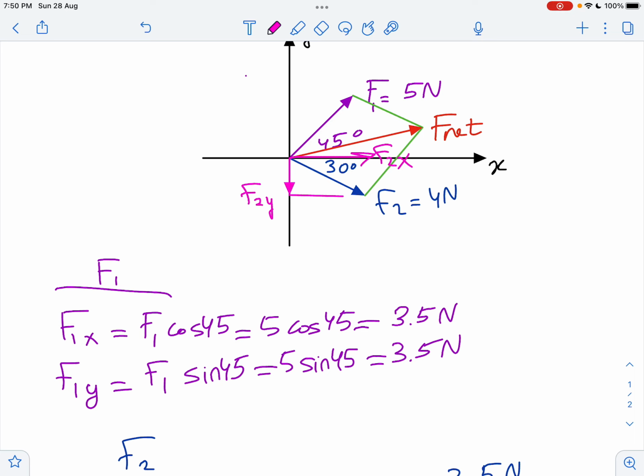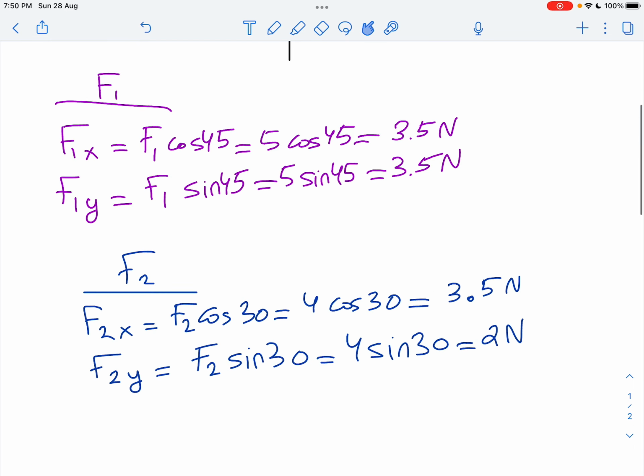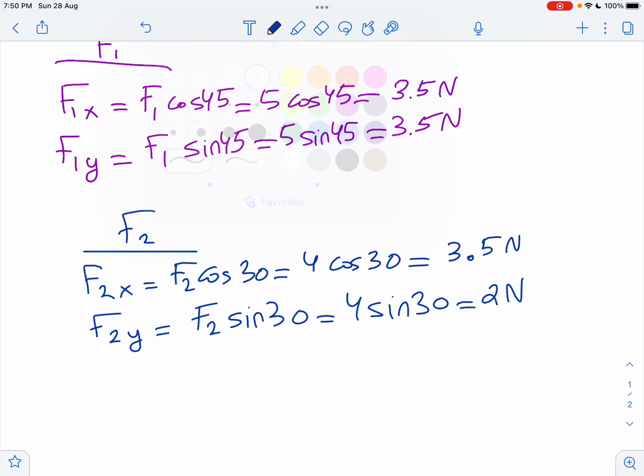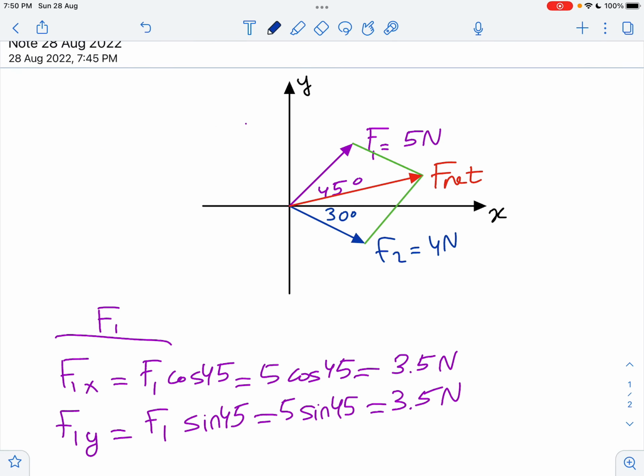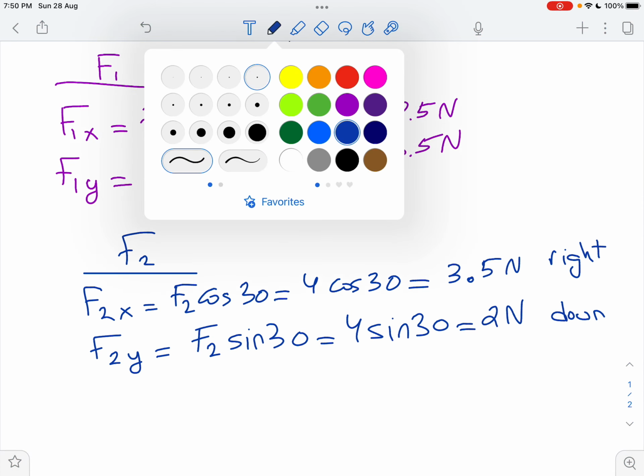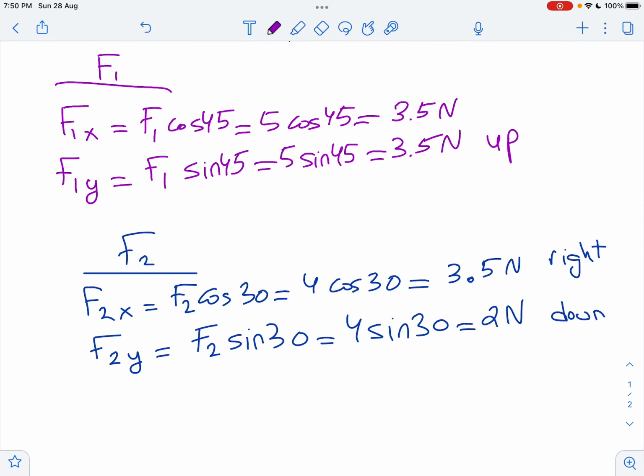So the y component of F2 is along the negative y-axis, so here you can simply write that it's going to be down. This is to the right. F2x is to the right. F1y, if you look back again in the figure, F1y is here, so it's going to be up. So F1y is up and F1x is to the right.